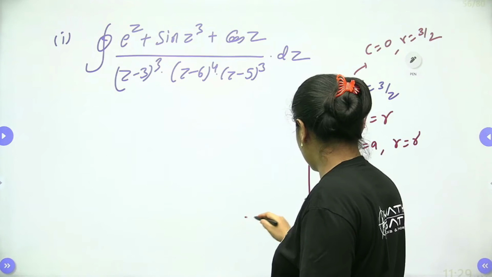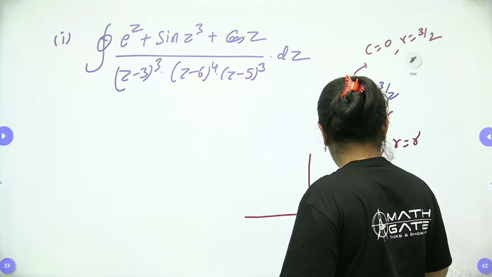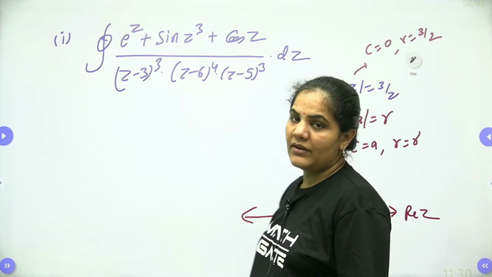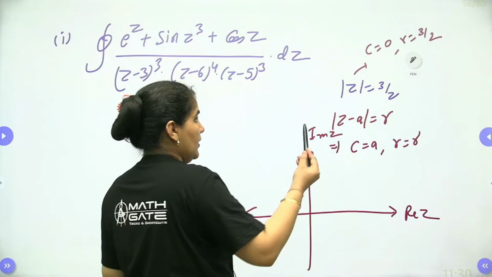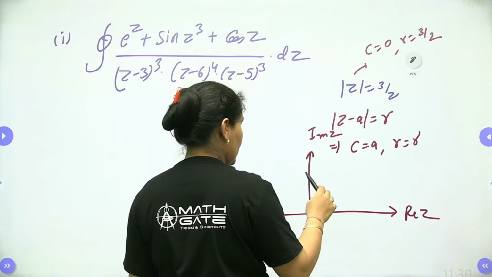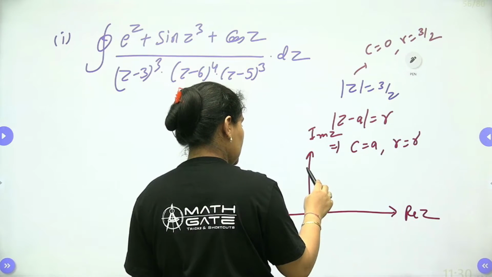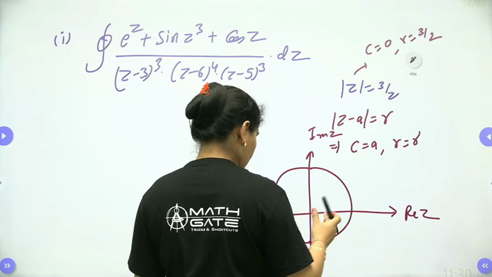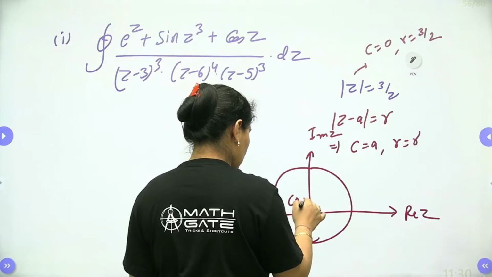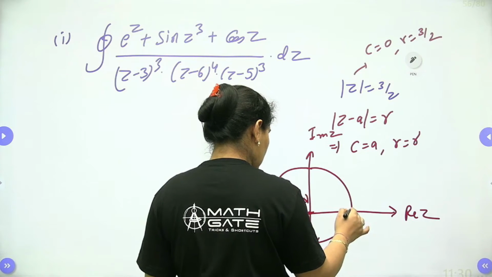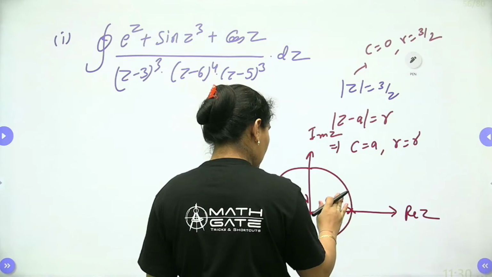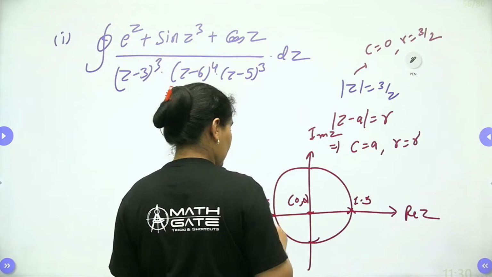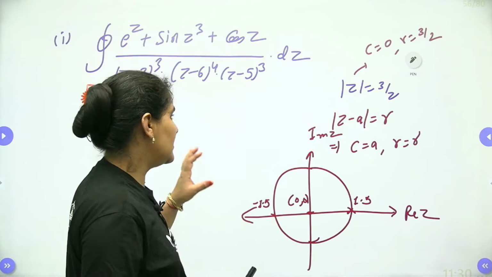When we make the closed curve, this will be the real z axis and this will be the imaginary z axis. For mod z equal to 3 by 2, the center is 0, 0 and the radius is 3 by 2, that is 1.5. So here it is 1.5 and here it is minus 1.5. We can say this is the required circle.